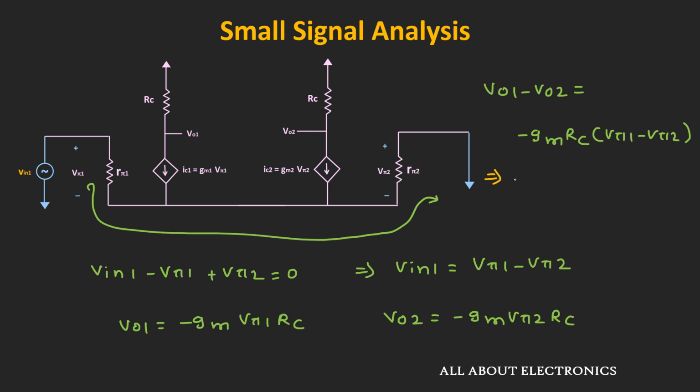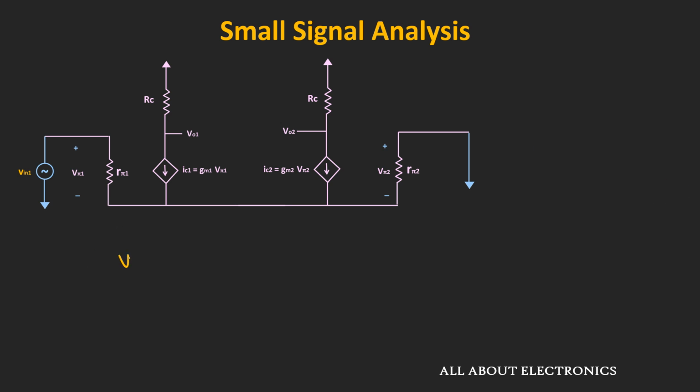That means differential output voltage VOD will be equal to minus Gm times RC times V in 1. Or from this we can say that this differential output voltage VOD divided by V in 1 is equal to minus Gm times RC. And in this case, if you see, this differential input voltage VID is equal to V in 1 minus 0.